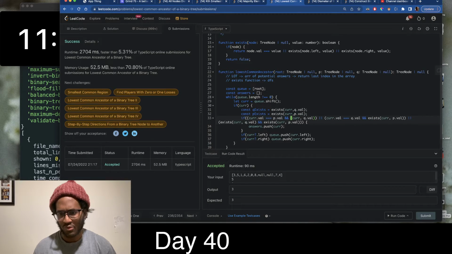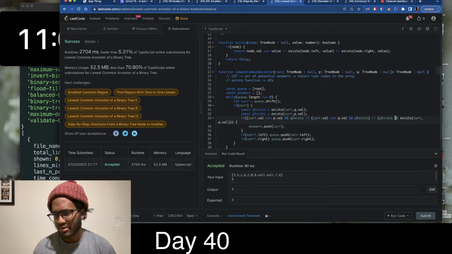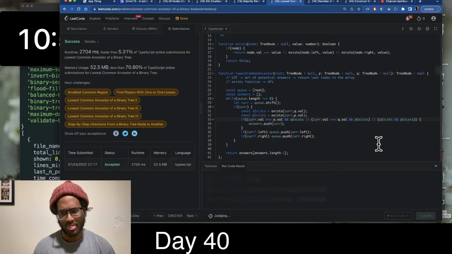That way we don't have so many wasted calls. We'd have q exists and p exists, as well as q exists and p exists. See if this is a bit faster.